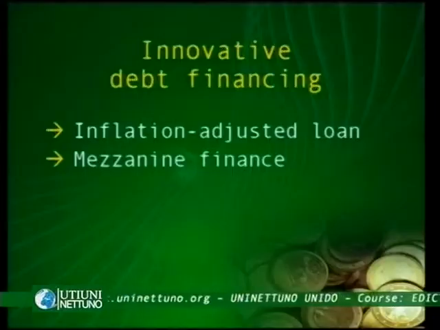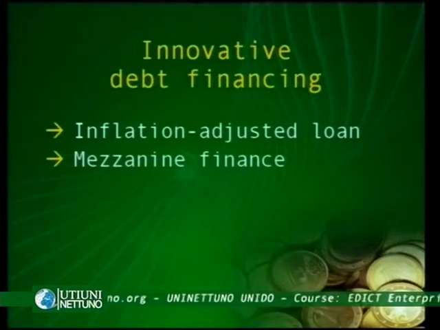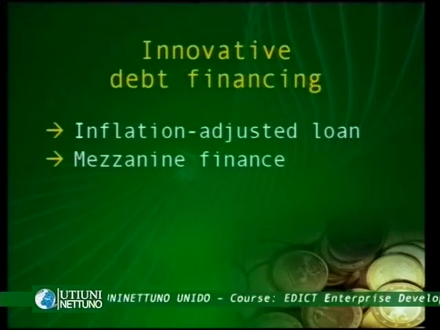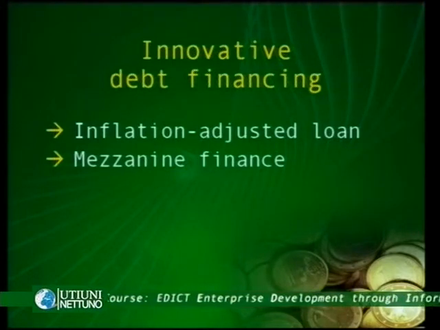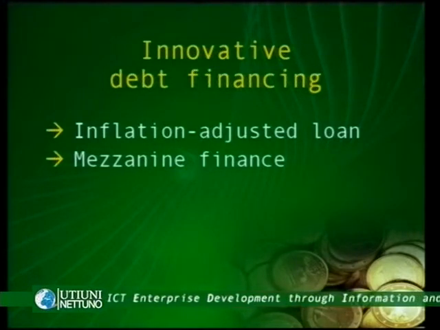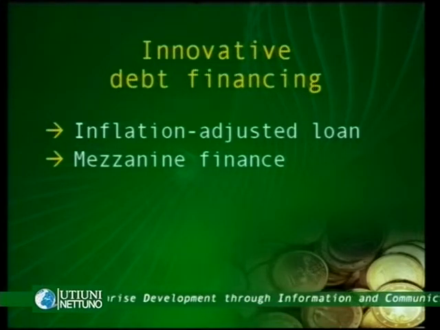And finally, we have an increasingly used source of financing that is defined as mezzanine finance. So what is mezzanine finance? Mezzanine finance is typically debt, and is a specific form of debt that is subordinated debt.